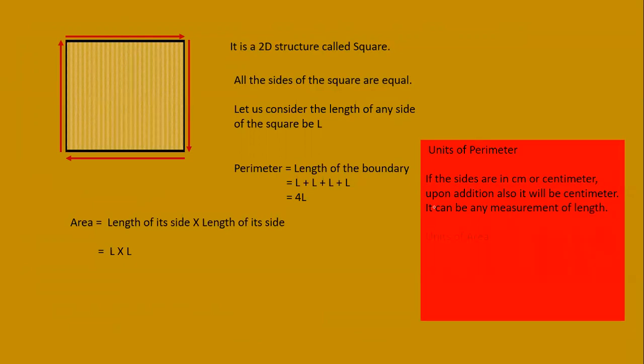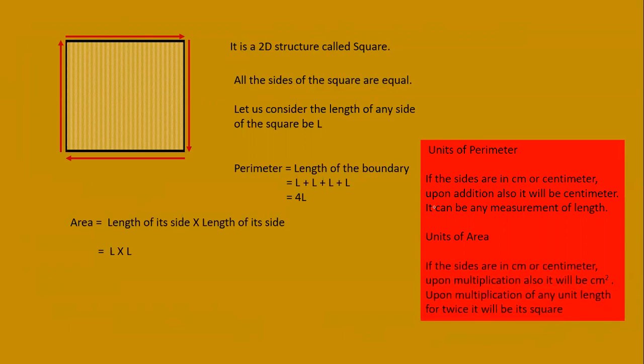And what about area? Units of area: we are just multiplying the same units. We always have to multiply the same units. So if we are multiplying the same units, it will be centimeter into centimeter, which will give me centimeter square. Upon multiplication of any unit of length twice, it will be its square.